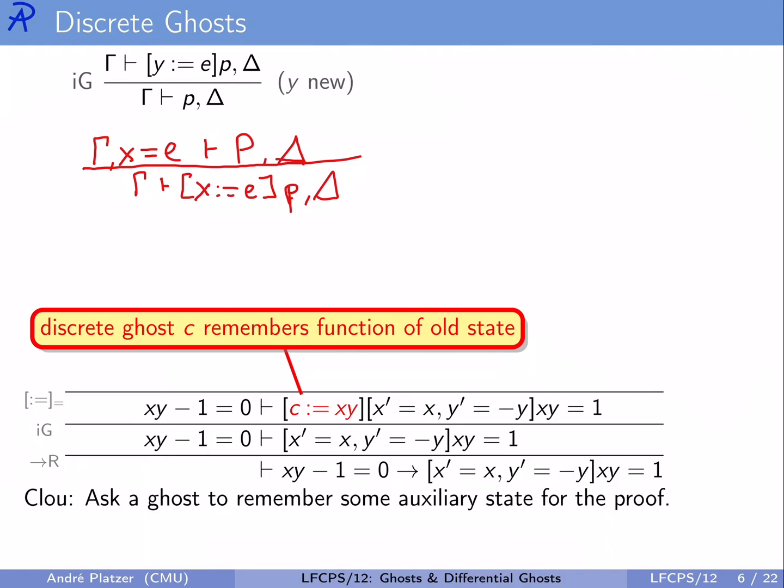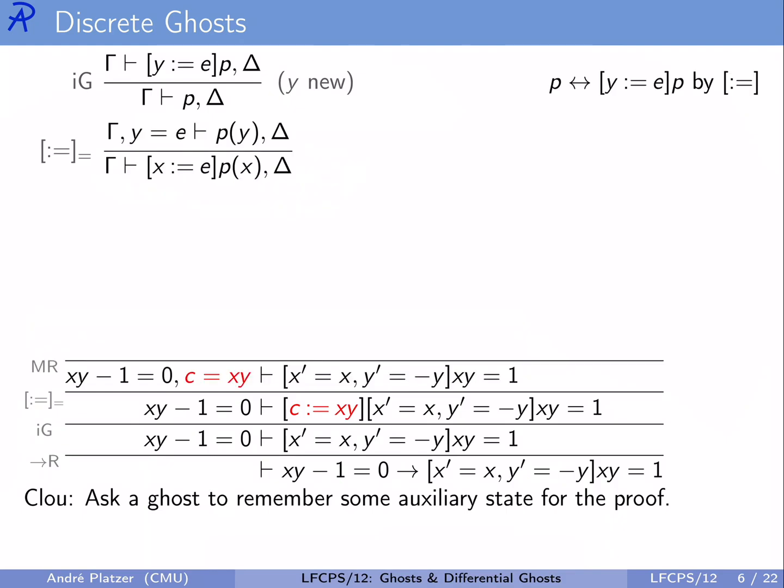Well, that actually wouldn't be a very good proof rule to adopt. So we can remember the effect that an assignment had in an equation c equals x times y, so that it doesn't go away. Well, let's understand the proof rule that we're using for the job.